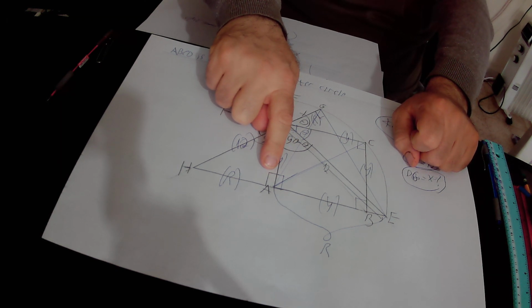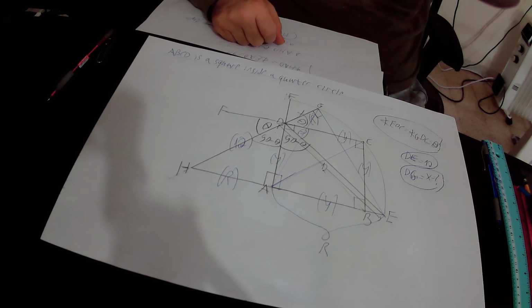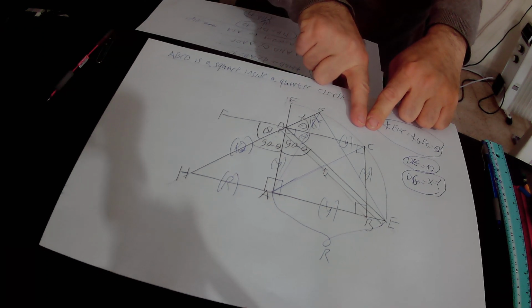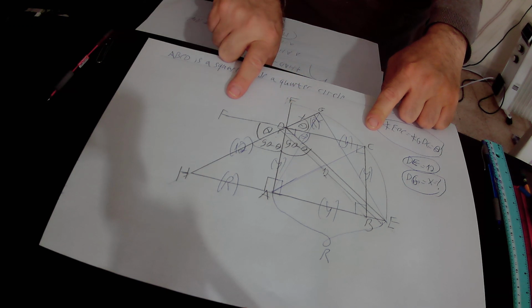In total they must be equal to 180 degrees. Therefore the missing angle here must be equal to 90 degrees in its size. And we extended side CD by a straight line till point F.